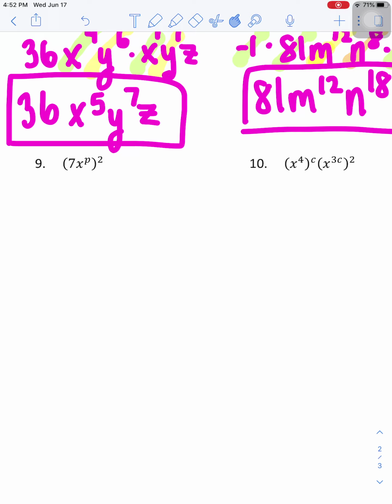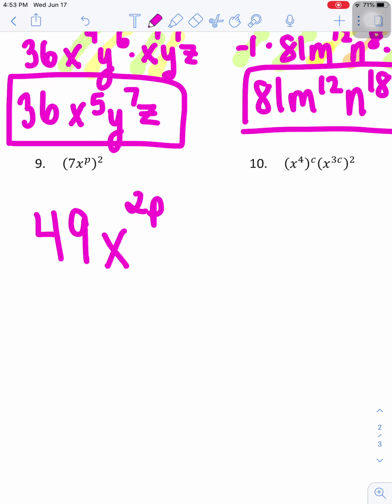So everything inside those parentheses needs to be raised to the second power. So 7 to the second is 7 times 7, or 49. And then when you take x to the p raised to the second, remember you keep the base and you multiply the exponents. So p times 2 is 2p.